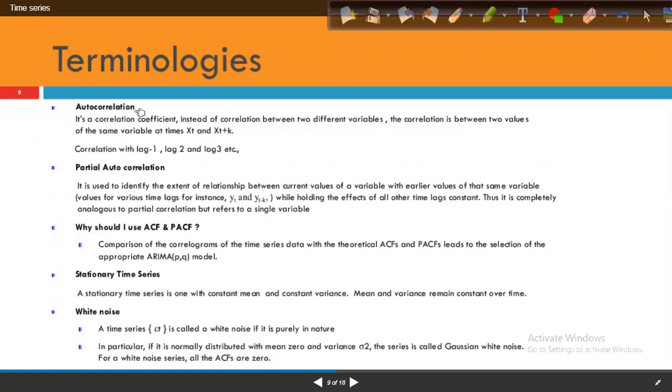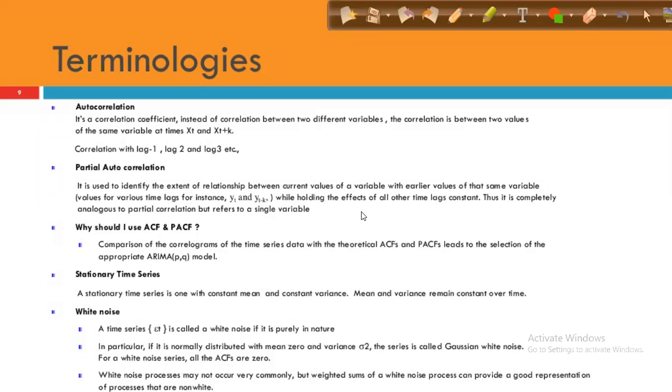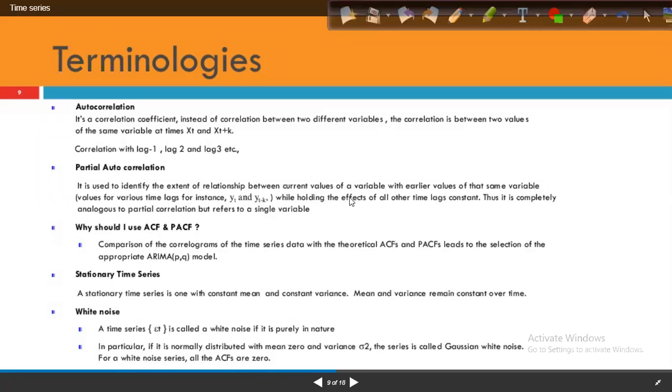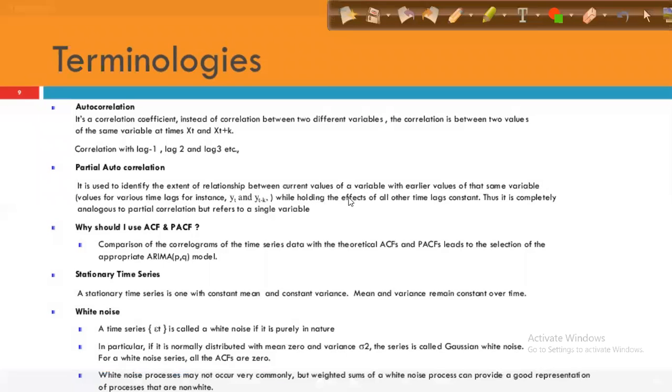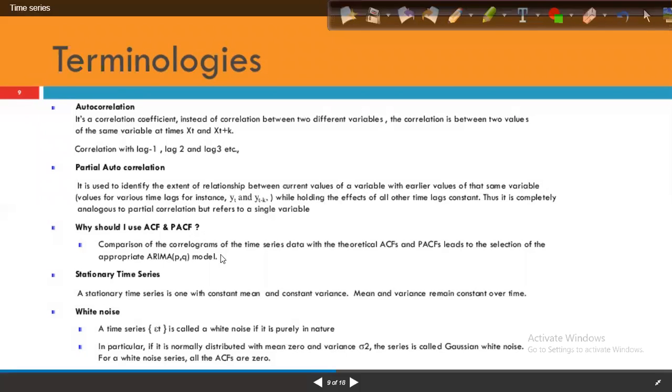In the case of autocorrelation, we check whether any correlation exists between yesterday and the day before yesterday, and the days prior to that. The partial autocorrelation says it is not fully correlated with the past price. It is used to identify the extent of the relation between the current value of a variable and earlier values of that same variable at various time lags, for instance today's price and the day before yesterday's price, while holding the effects of all other time lags constant.